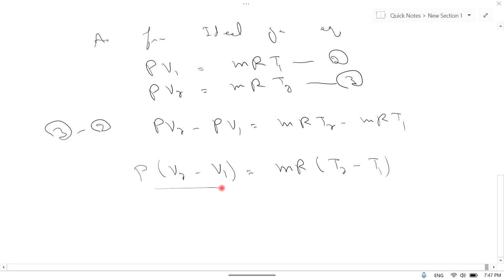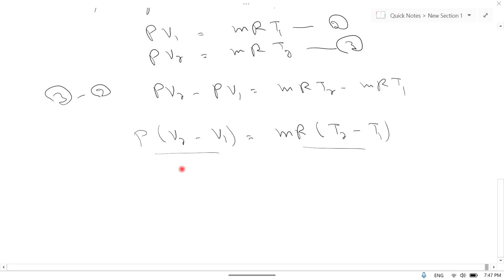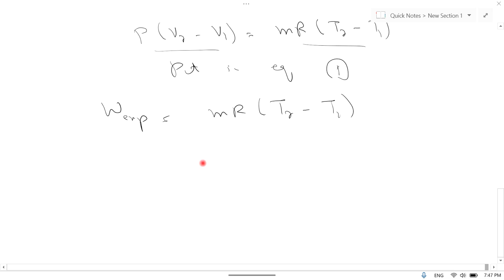So put this value of P(V2 minus V1) into equation number first. So the work of expansion is equal to P(V2 minus V1), which is equal to mR(T2 minus T1). Now put values here, and T2 minus T1 is basically the change in temperature.